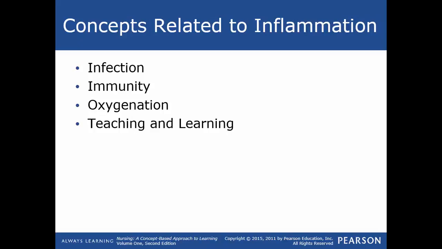But infection, basically these are just your stages in the infectious process. Immunity includes your hypersensitivities. Oxygenation, looking at the oxygen assessment. Do they have a history of ARDS, which is acute respiratory distress syndrome, asthma, COPD, RSV, bronchiolitis. Your teaching and learning is going to include your client and consumer education.